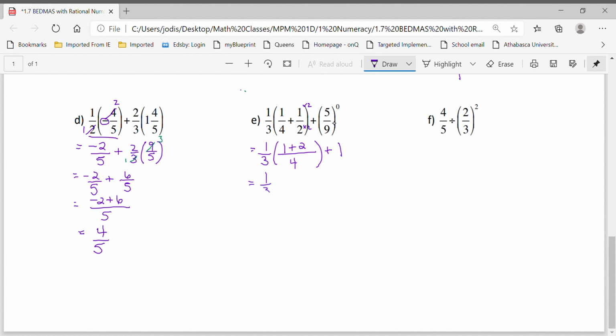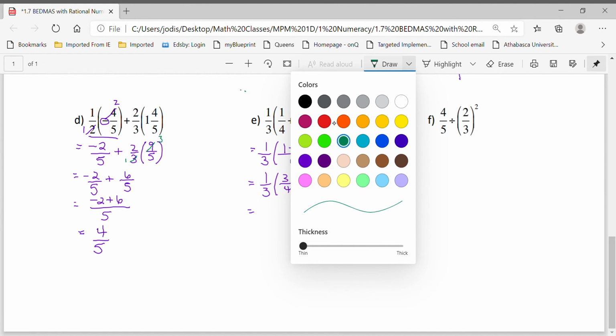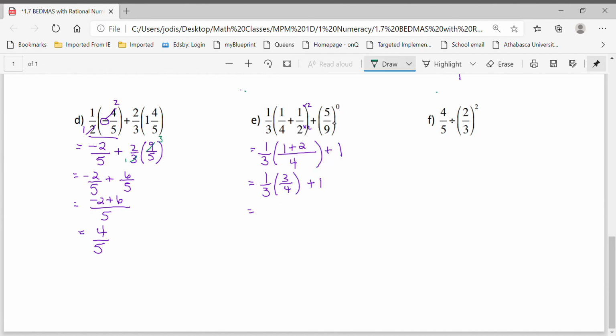Okay. So I'm going to leave my third out here. I'm going to add inside my brackets. So 1 plus 2 is 3 over 4, and then keep this plus 1 on the outside. Over here we can reduce. Okay, so 1 and 4 can't, but the 3 can go into 3 one time.